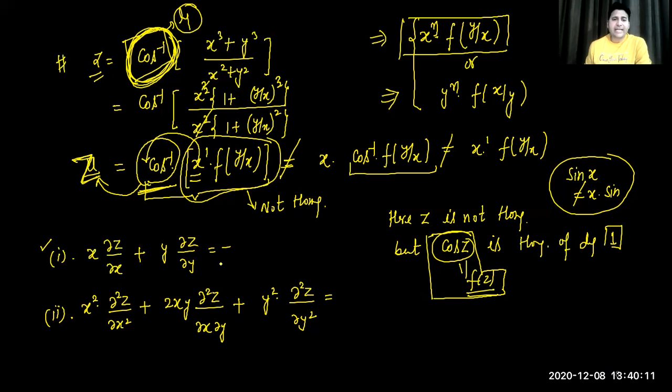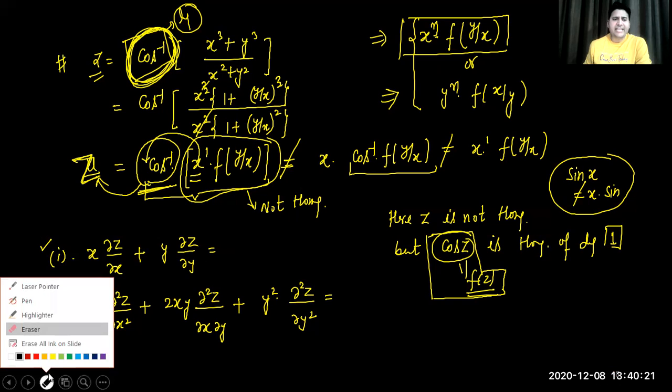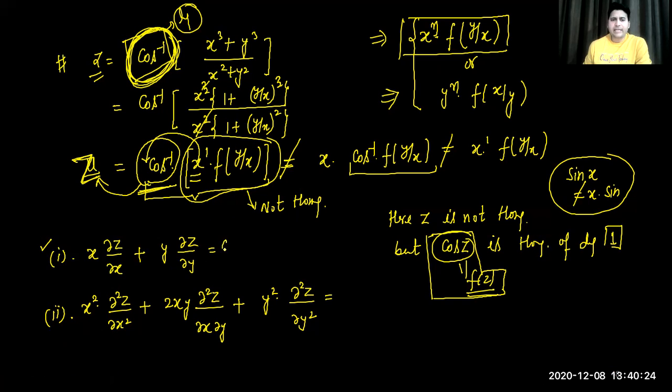So according to the deduction formula, this will be equal to how much? This will be equal to n into f(z) upon f dash z. What is n over here? 1. f(z) is cos z, over the differentiation of cos z with respect to z, which is minus sin z.